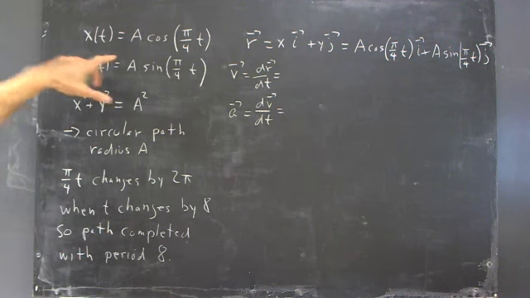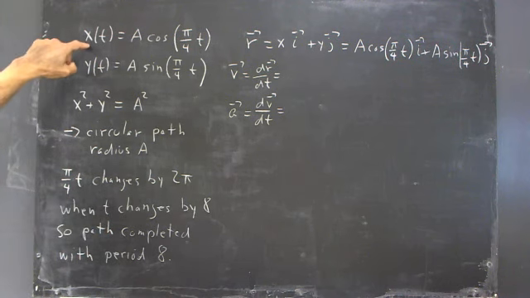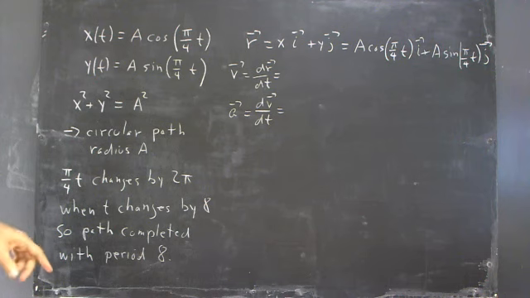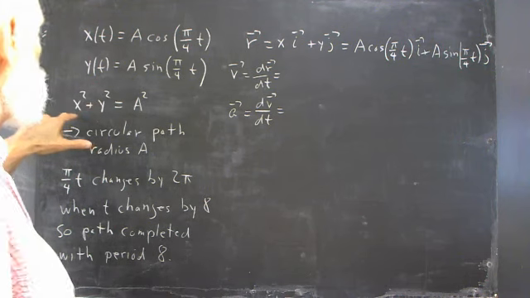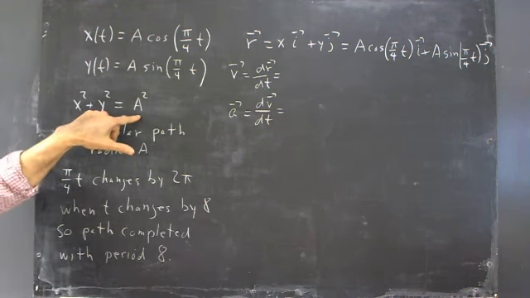In any case, if we square x and square y and add them up, we're going to get a squared. Why is that?